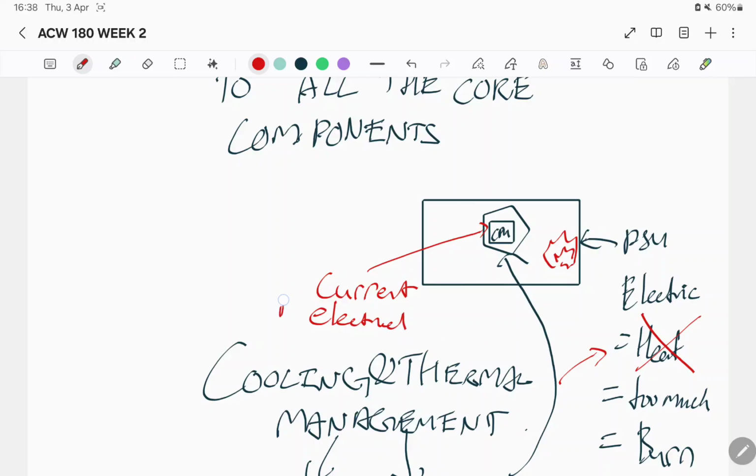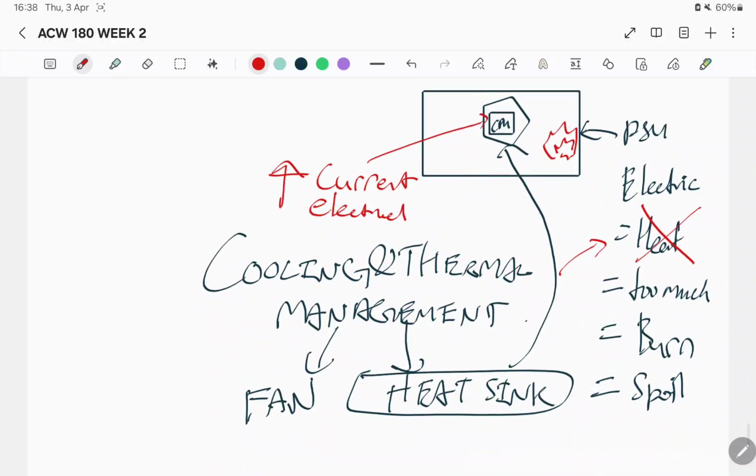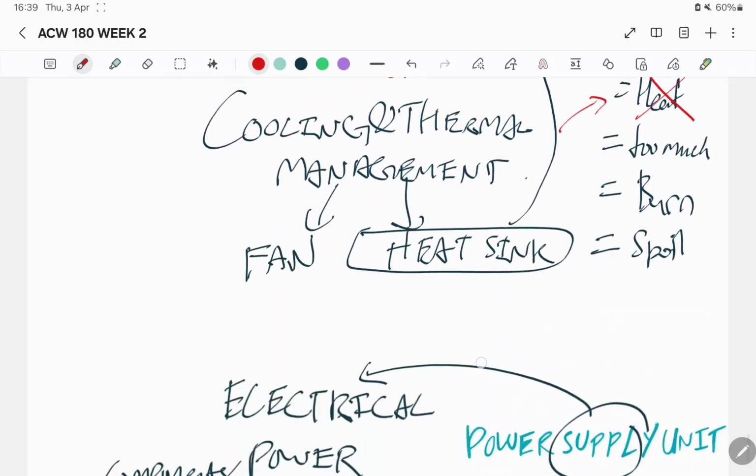When you do higher processing, it means a higher current, means it processes faster, then it will be more hot. That's why you need a heatsink to prevent the CPU from burning away. There are different components and so on. That's it.